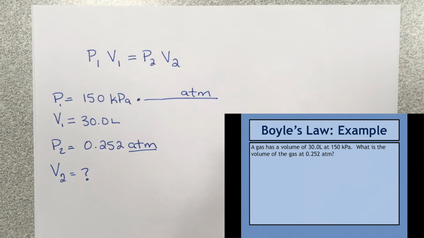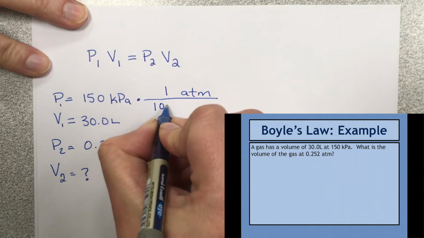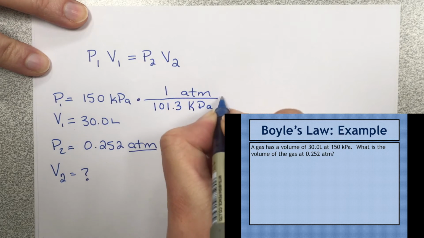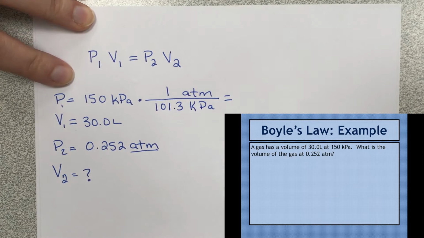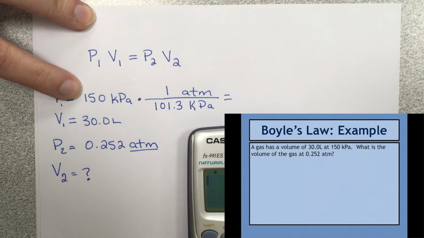On the test, I'll give you a conversion chart. But for every 1 atmosphere, you have 101.3 kilopascals. So to convert that, you have 150 divided by 101.3.